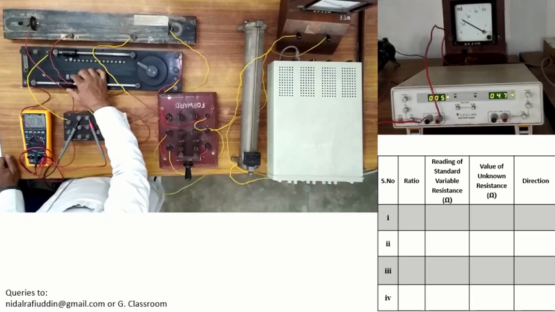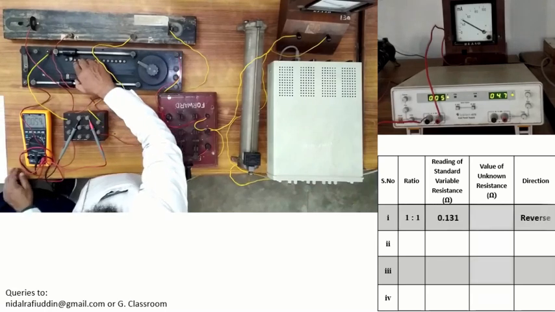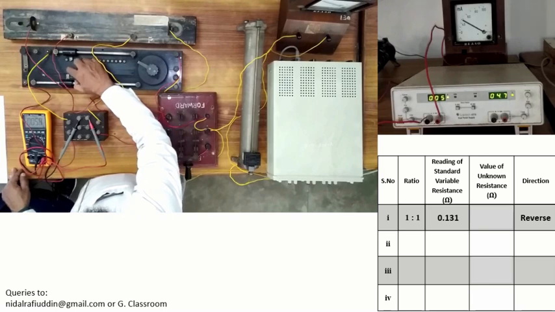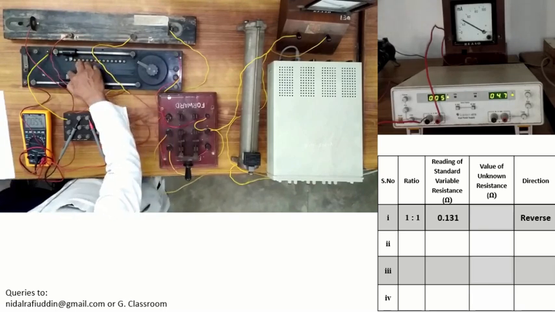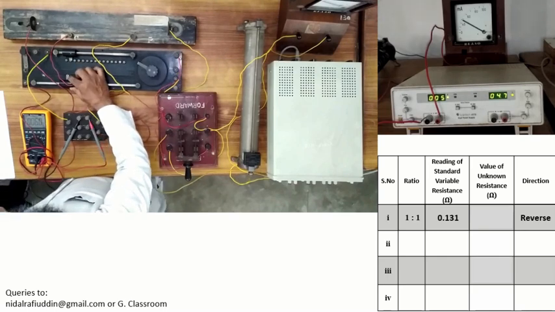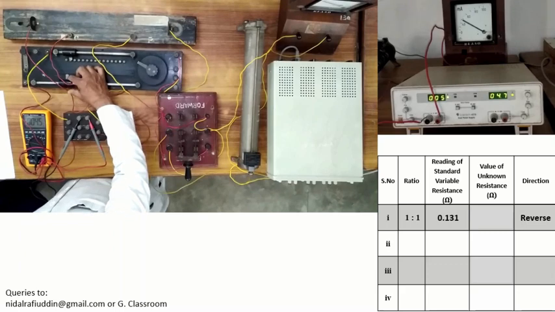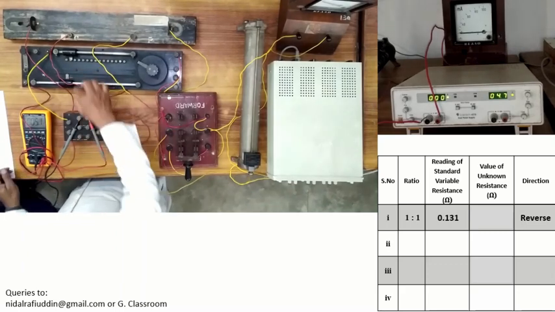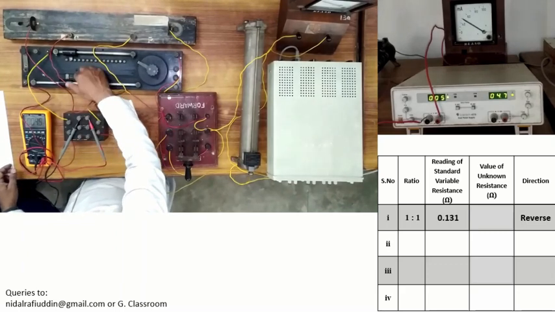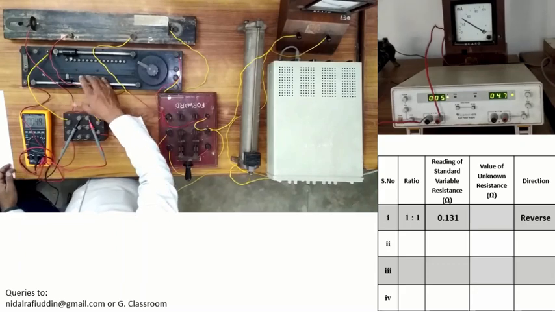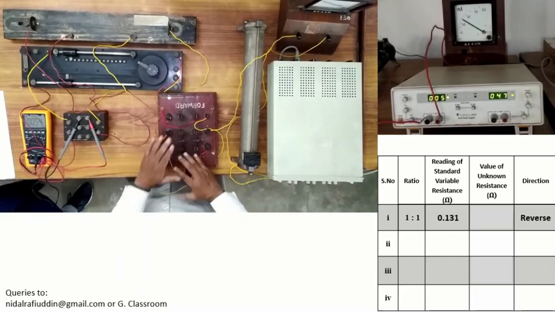Notice that we are using a multimeter in place of the galvanometer, and we will try to balance the bridge by varying the known or standard resistance, and we'll try to keep the reading in the multimeter as small as possible, since this particular multimeter is very accurate and has a high resolution.